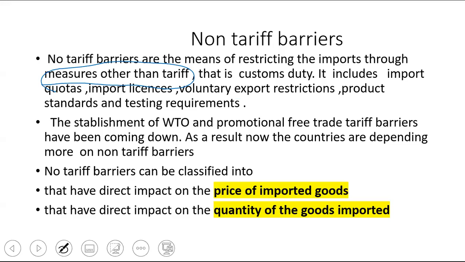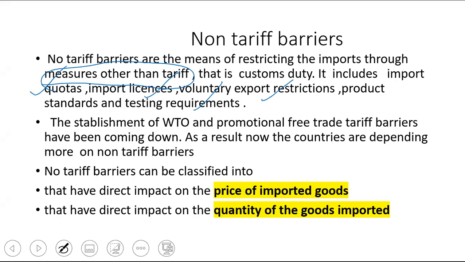Other than the custom duty, how can we control the imports? Okay, non-tariff barriers include import quota, import license, voluntary export restraints, product standard and testing requirement. Take down, what are the non-tariff barriers?